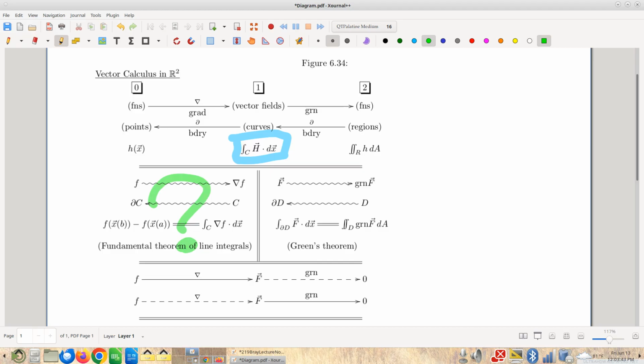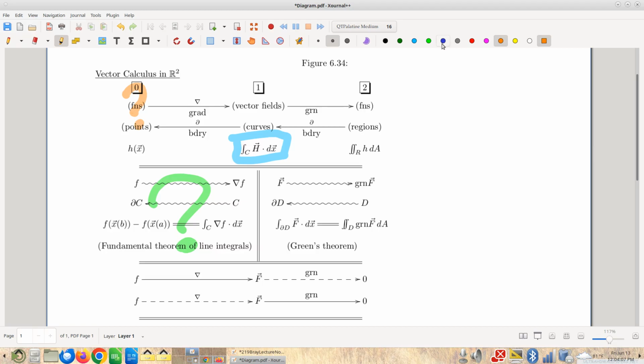Again, you've got a toolbox full of tools, and you don't want to try to apply the wrong tool if you don't have to. You can go straight to the best tool to work with. Wouldn't that be nice? Well, how would I decide if I could use the fundamental theorem of line integrals? Well, I need to know if there's an antigradient.